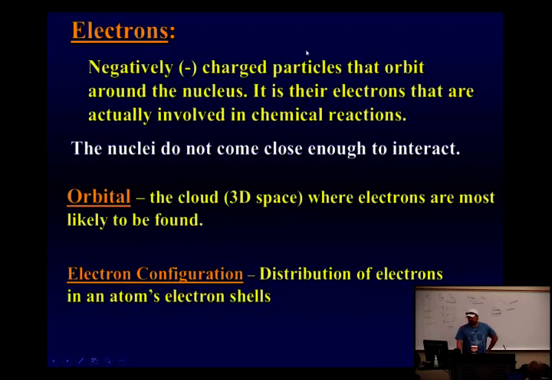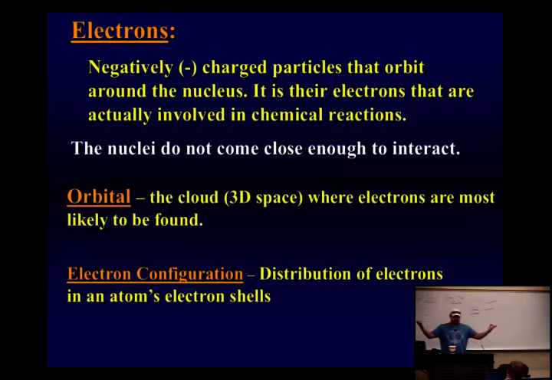So we want to talk about electrons, because you know that all atoms have a nucleus, and you know that if we have chlorine and sodium, they're going to interact and produce sodium chloride. So what's going on here that causes them to interact to make sodium chloride?